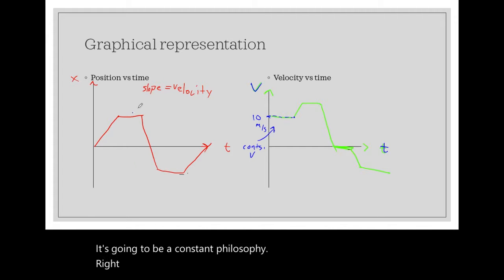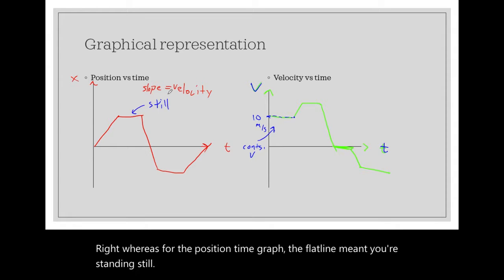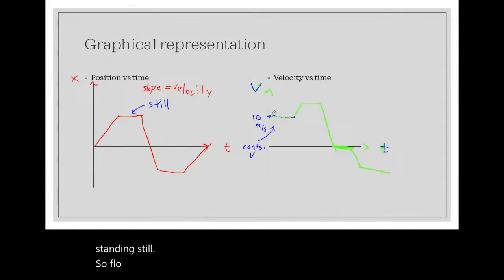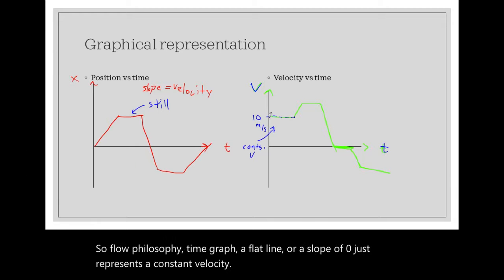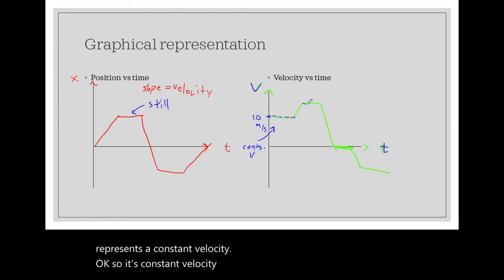Whereas for the position time graph, the flat line meant you were standing still. For a velocity time graph, a flat line, or a slope of 0, just represents a constant velocity. Okay, so it's constant velocity there, and at a constant velocity here. And what do we think about this part here on the 0 that also has no slope?